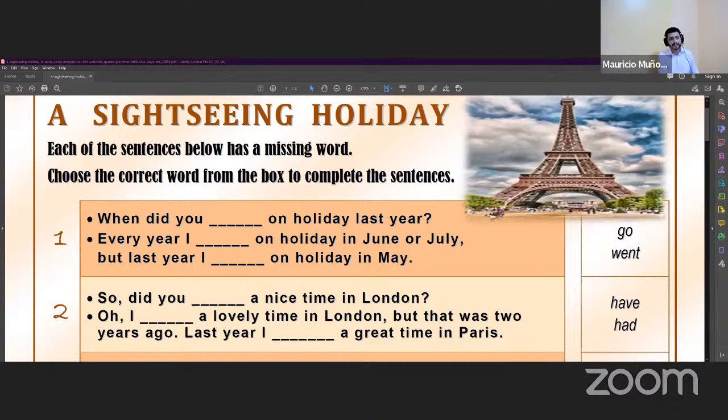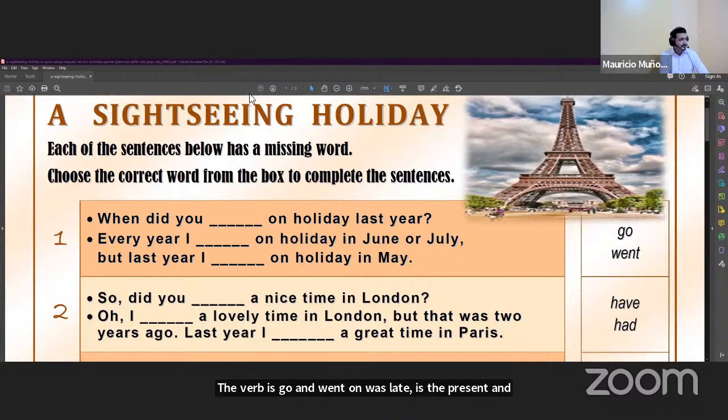Okay, time to practice. I'm going to pick up just a few students to help me with each of these exercises. As you can see, in exercise number 1, we have a verb. The verb is go and went. Obviously, the present and the past.